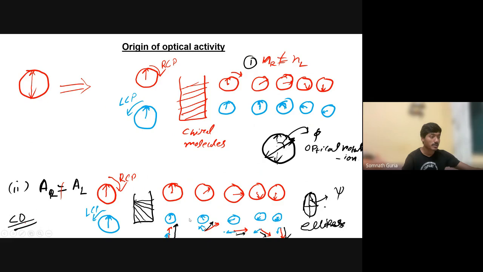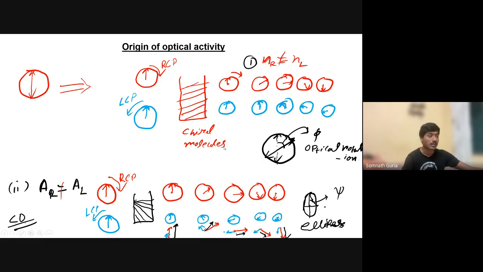They have different absorbance in the solution phase, where the absorbance of RCP is lower and the molecule mainly absorbs the LCP. As a result, we get an ellipticity, and from it we can show the circular dichroism spectra of that molecule.